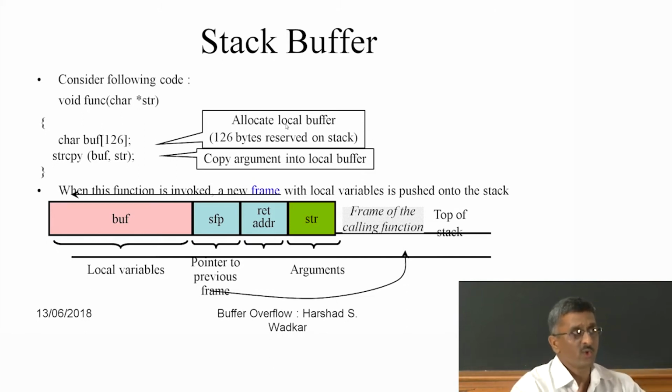So, this return address will go to function B, the next line after the function call of C. Now, look at the thing, what is going to happen?